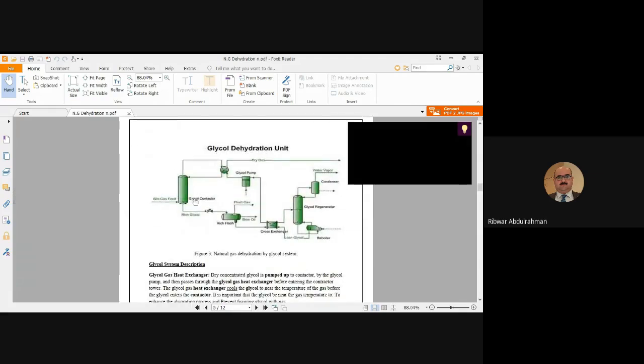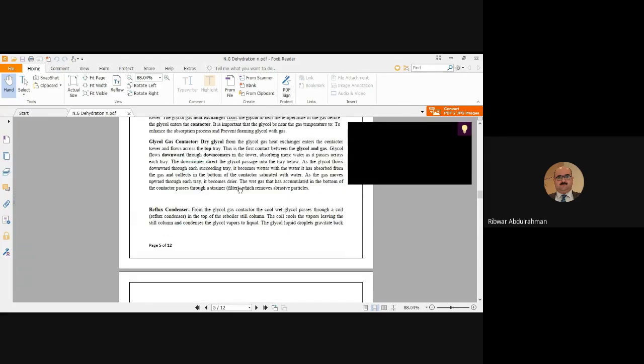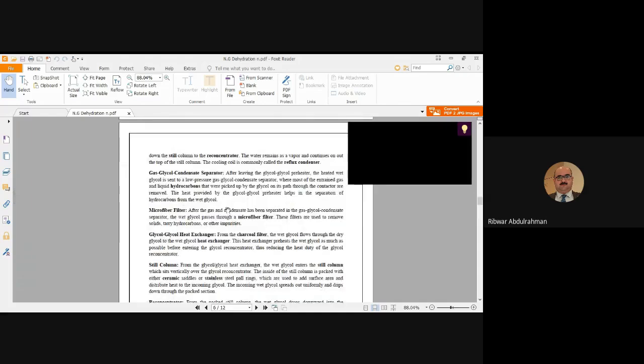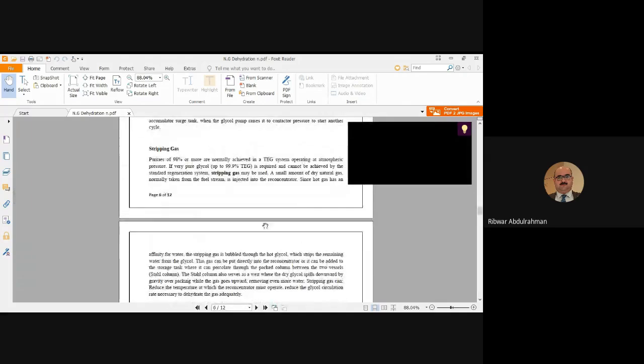For example, we have the absorber tower, the regenerator tower, a flash separator, a heat exchanger, and a pump as well. Here we can find all the definitions and descriptions of these units, and as I remember, I explained all of them in the lecture. Anyway, I'll repeat it today.